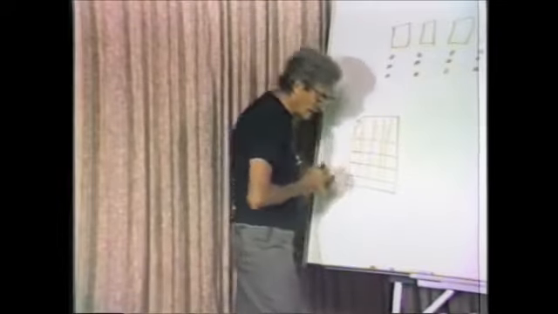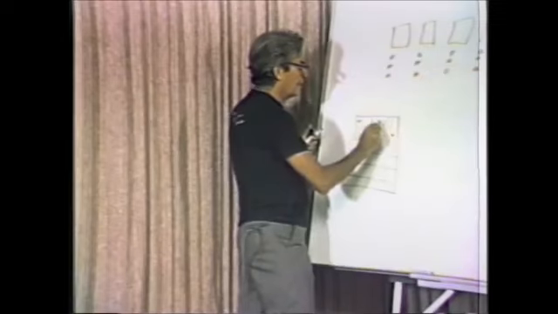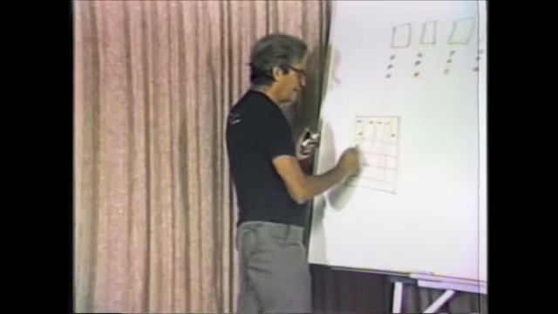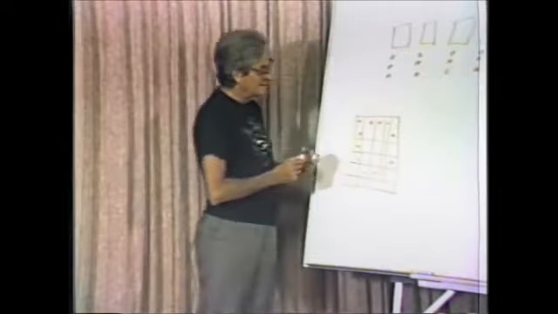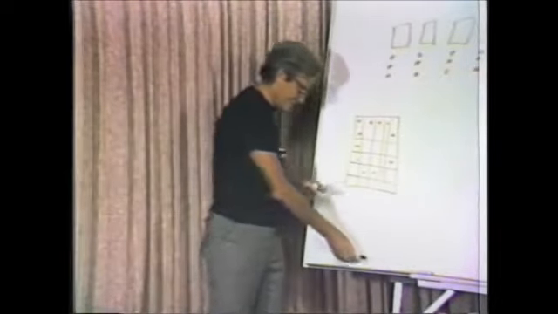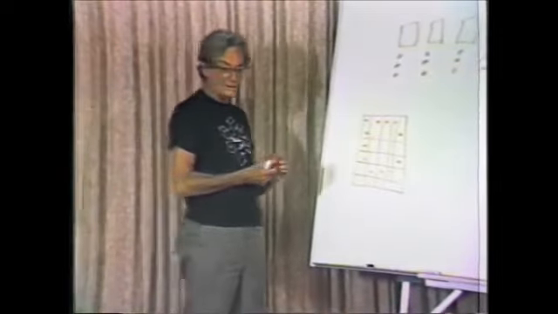Well, let me first draw the C. The C is going to look like this, where the orange dots go. Okay, there's a C, all right? Not a very good C, but it's a C. If you had more dots and a finer screen, it would make a much better C.